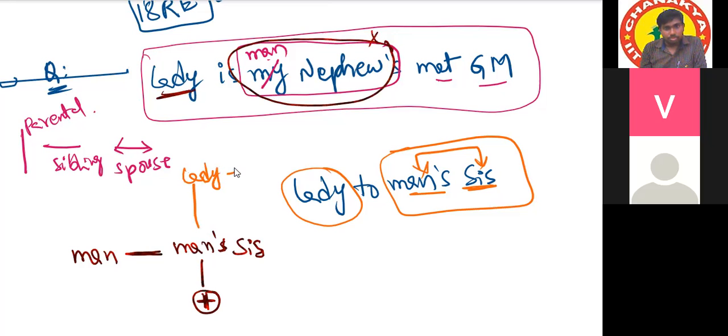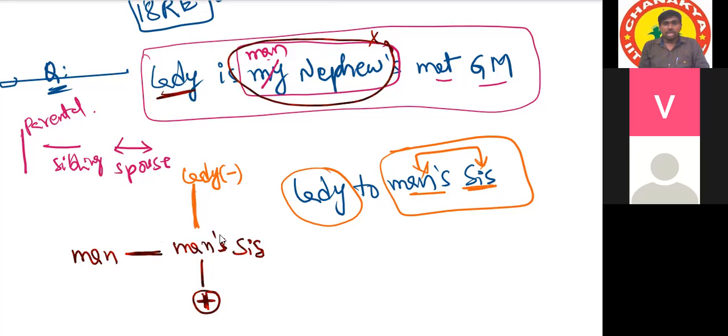Sir, so the line should be on both the persons, right? No need. If you represent a parent for one person, all the siblings are the children of those two. This vertical line is for both of them, both this man and the man's sister.